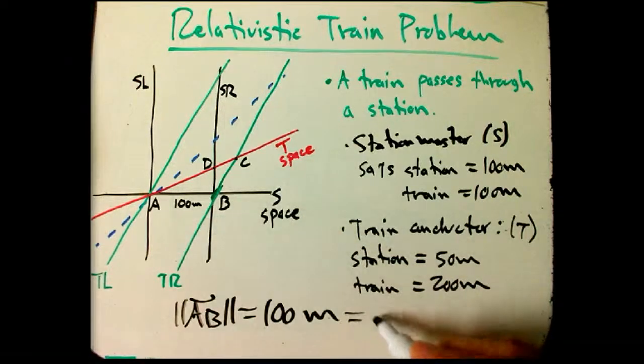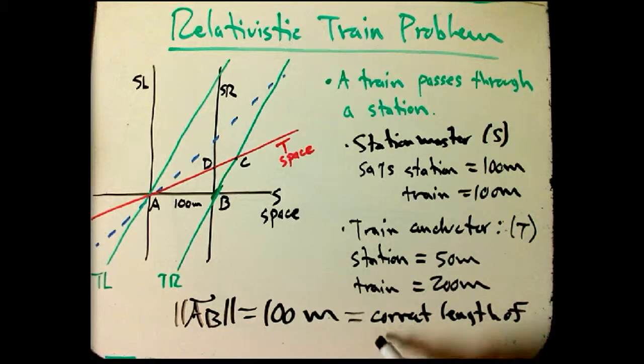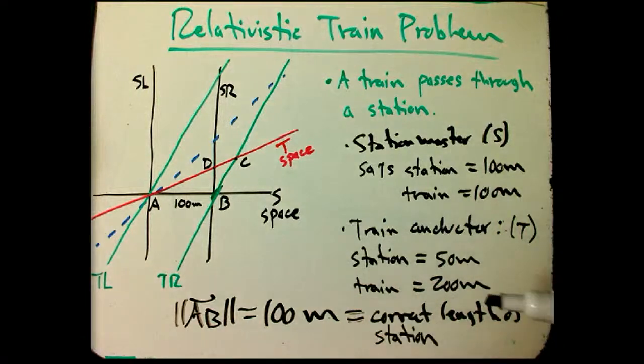So that is the correct length of the station because it's measured by the station master who's at rest relative to the station. You can't measure a length if you're moving relative to something. Okay, not going to get the right answer.